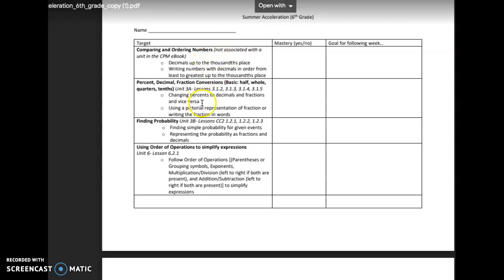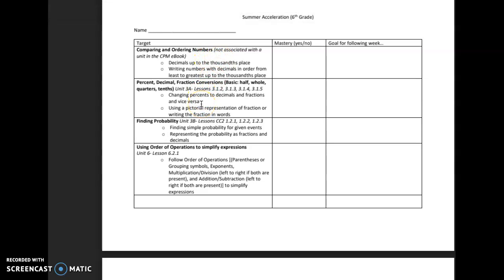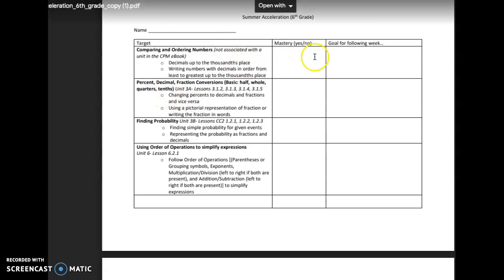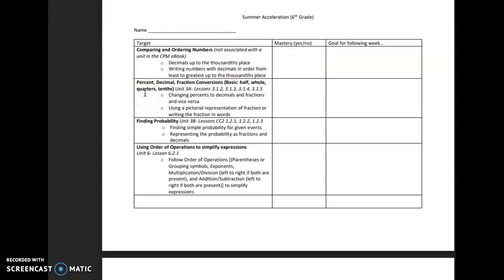And then you do that again for the next leverage target that is on here. So once I've mastered comparing and ordering numbers, I'm going to look at the next leverage target in order. Remember, we're following the leverage targets in order. You can do them any way you want, but they're in order from how they are posted in the CPM book.